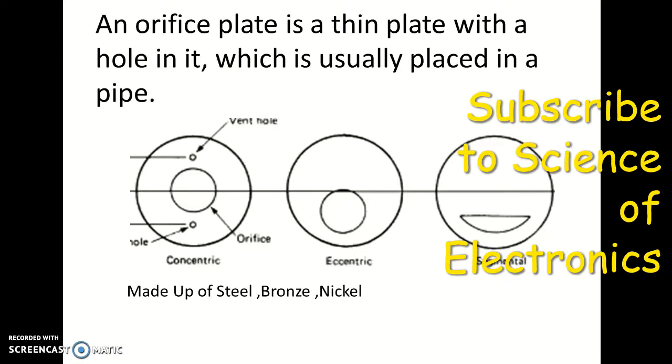Which non-corrosive material did we see there? It's steel, so that it doesn't react with the liquid whose flow rate or velocity we are measuring. That's why the orifice plate is generally made of steel, bronze, nickel, gunmetal, brass, etc.